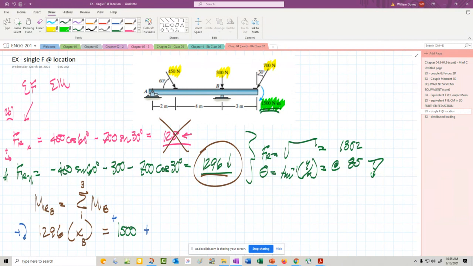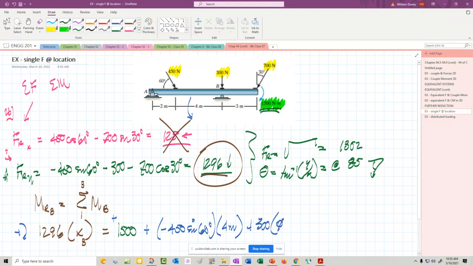Okay. So the 450, we want just the y component. We don't need the x. That's minus 450 sine of 60. That's at a distance of 4 meters. All right, that's trying to rotate it this way.